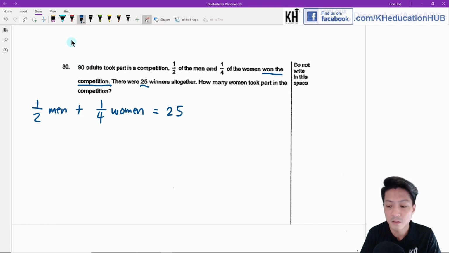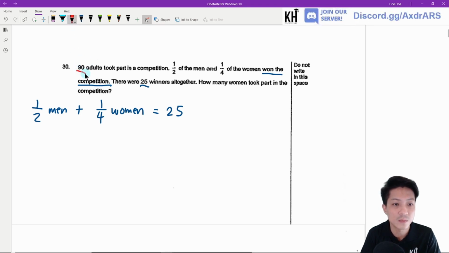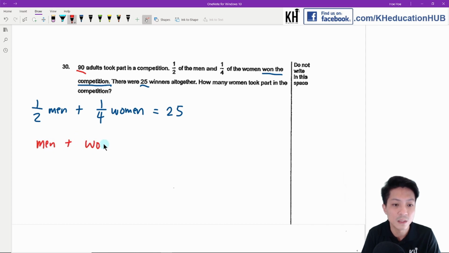Okay, and over here, if you look at the information in front, 90 adults took part in the competition, which means that all the men plus women is gonna be equal to 90.